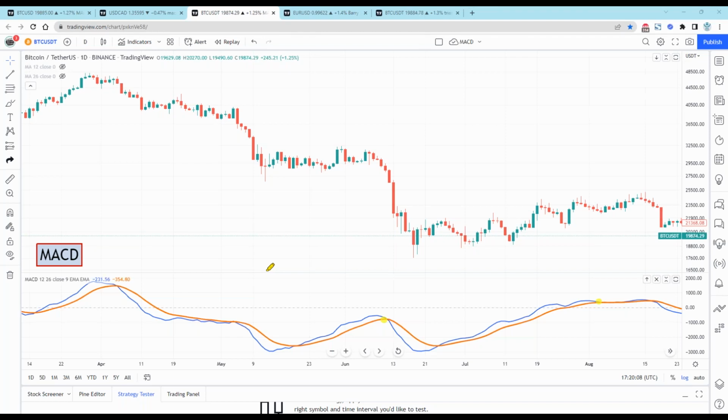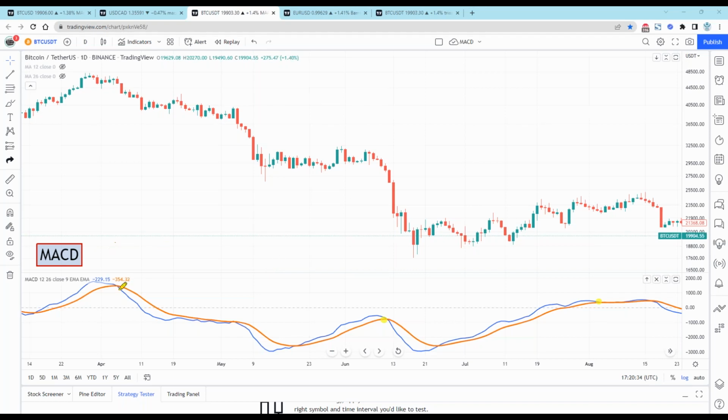Now, one of the biggest shortfalls of MACD is that it is not telling you anything about price, and it's not telling you how far or how long or how many pips the buy or the sell opportunity might be there.